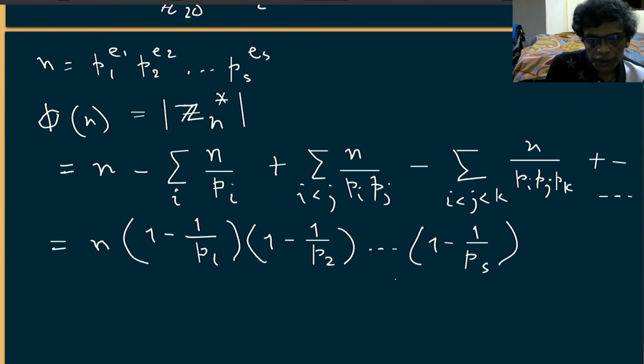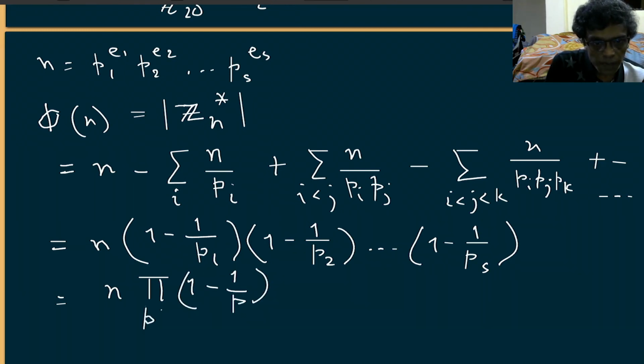So this is the explicit formula. Given the prime factorization of n, you can compute phi of n using this explicit formula. Sometimes this is written as n times the product of 1 minus 1 over p, and this product is over all prime divisors of n.